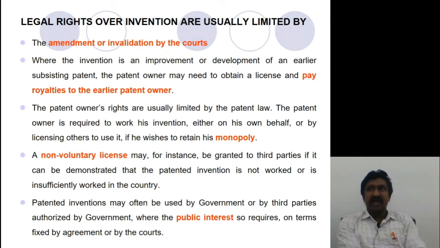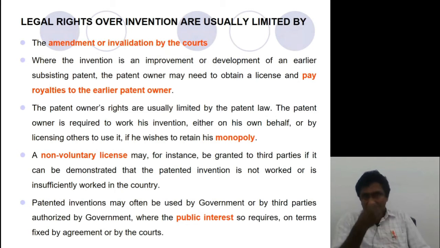So in that case, a non-voluntary license can be granted by the court or the government. Your exclusive right to prevent others will not be valid if you are not using that invention and making the product available on your own or through your licensees.